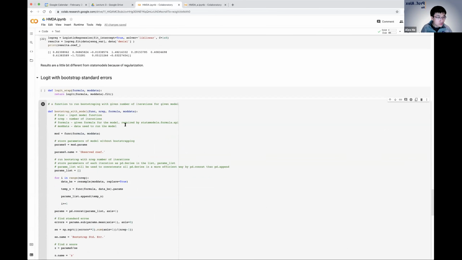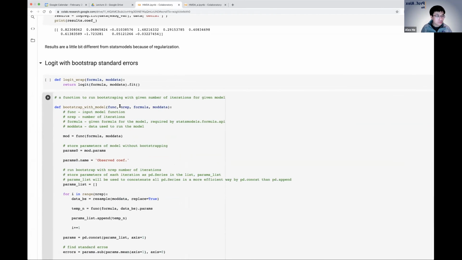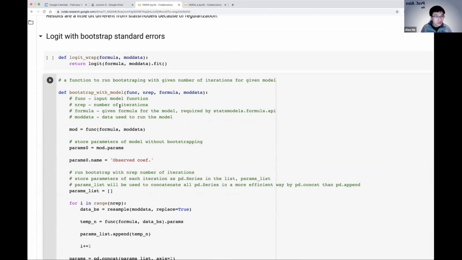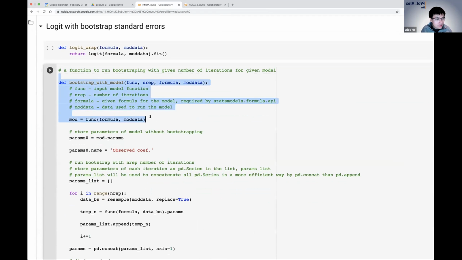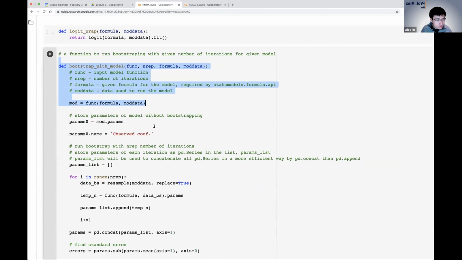Okay, so basically you can look through this. I'm not going to talk about it in too much detail, but this is the function where you do bootstrap.